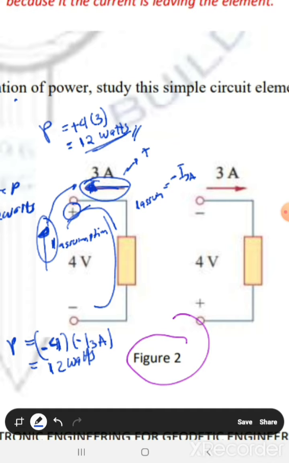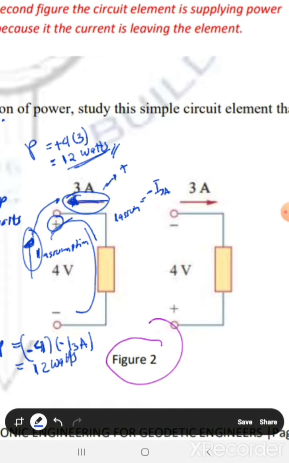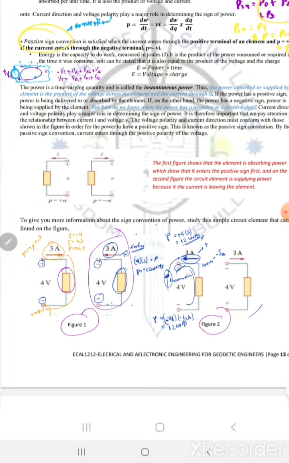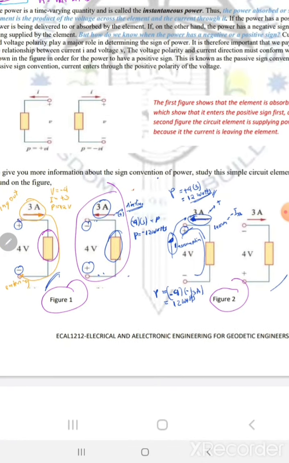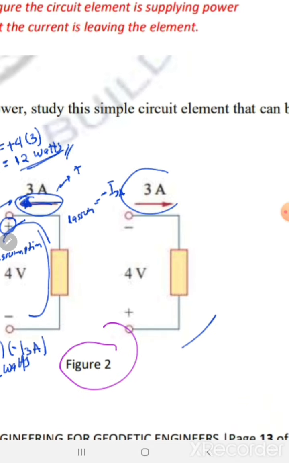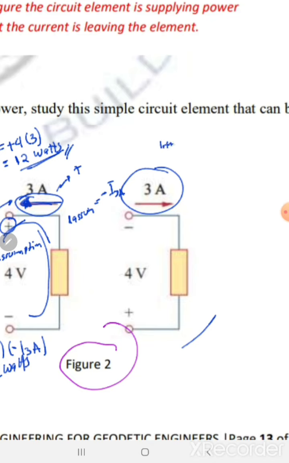Next, in scenario 2 at figure 2 is that your 3 ampere is going out the negative sign. It is going to the right. So, this scenario is similar to the direction of this scenario. But the problem is that your 3 ampere, okay, let's assume that this will be your current direction from left to right.